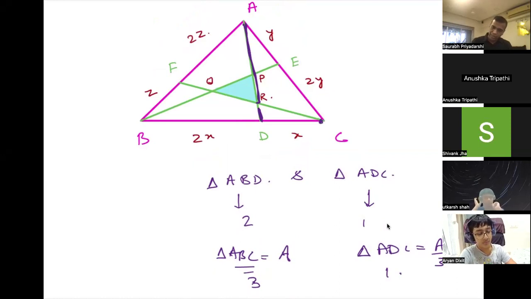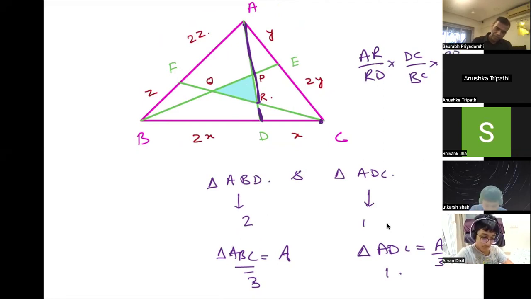So this is AR upon RD, into BC upon CB, into BF upon FA is equal to.